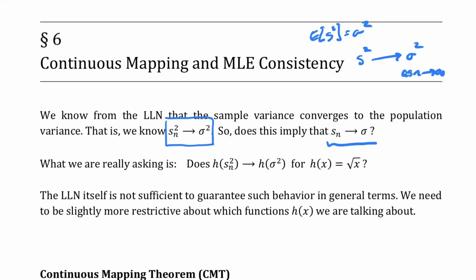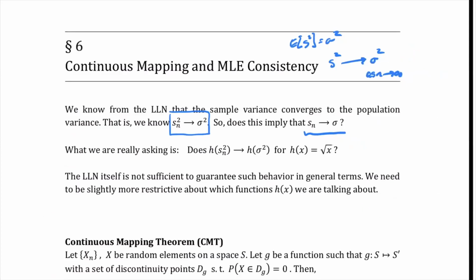And it turns out to be very simple to make these sorts of statements and claims. What I'm asking is, if I have some function h of an estimator, the sample variance, does this converge to the function of the truth? This should seem pretty natural.